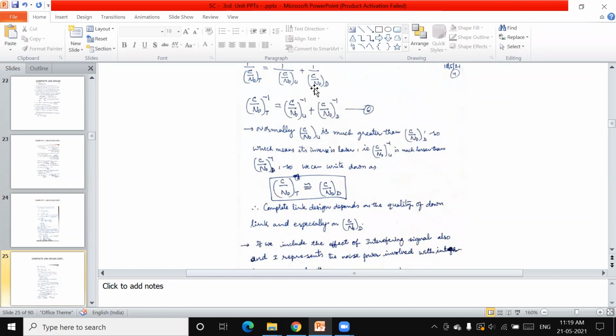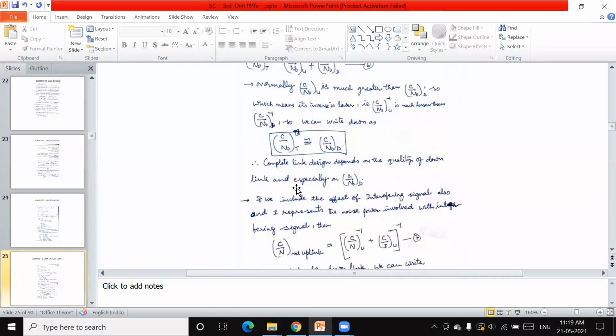In the downlink, the signal is coming down again, so obviously the signal strength is reduced. Therefore, 1 by the greater value becomes less, and 1 by the lesser value becomes high. Therefore, we can neglect this one. So C by N naught T inverse is equal to C by N naught D inverse, or C by N naught T equals C by N naught D.